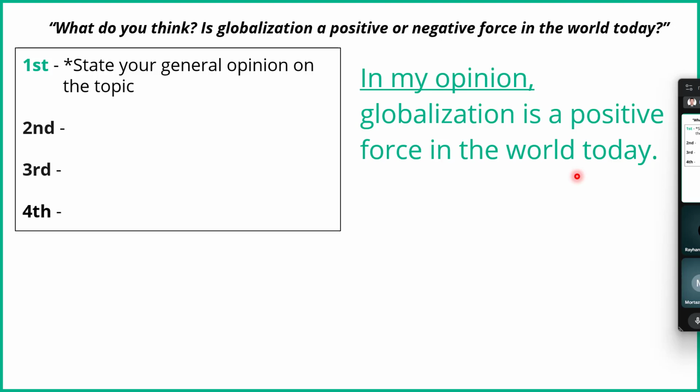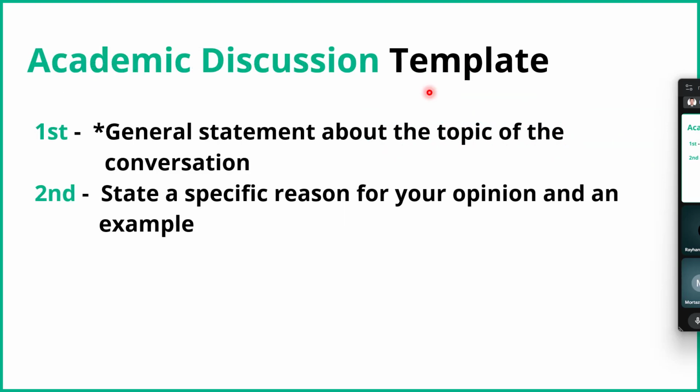If you think that it is a negative force, you can say, from my perspective or in my idea. Try to use a transition word or phrase at the beginning to say that it's your personal experience and opinion, and then you can tell your point. Second step is to state a specific reason for your opinion and an example. State a specific reason.